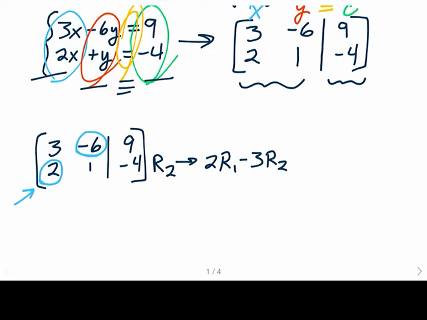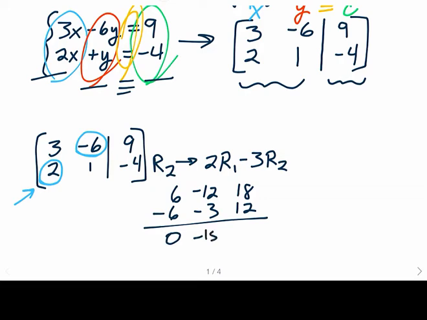In other words, when I write down 6, -12, 18, and then -6, -3, 12, I'm writing down the result of multiplying equations by numbers, except I don't have to write down the pluses or the variables or the equal signs. 6 minus 6 is 0, -12 minus 3 is -15, and then 18 plus 12 is 30.